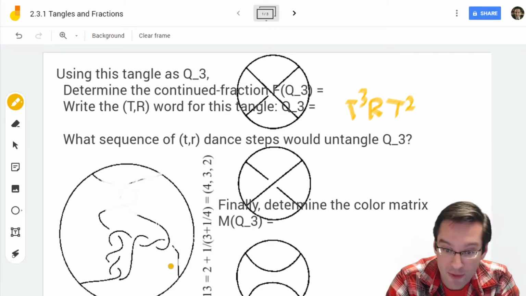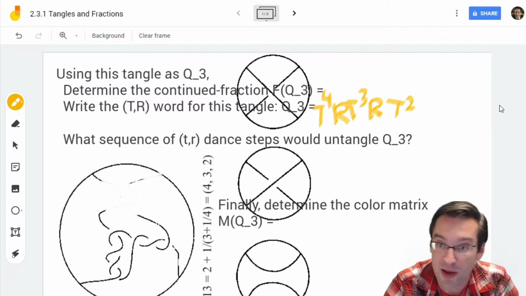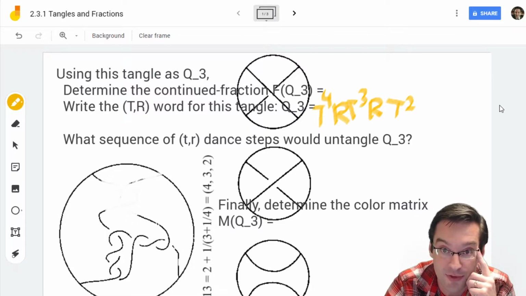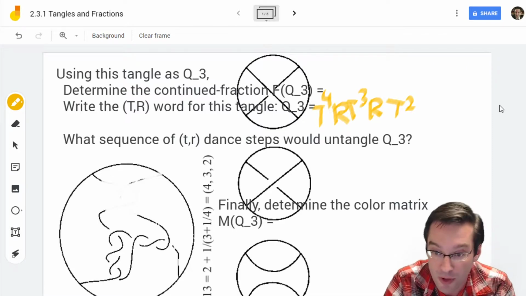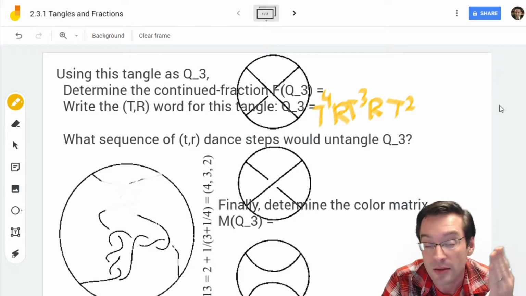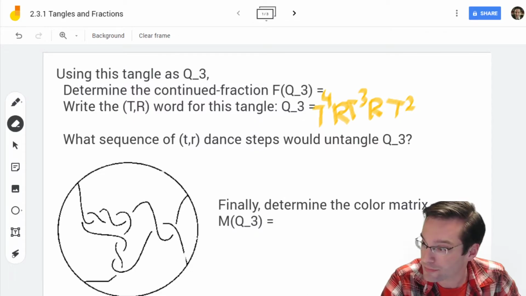And then if I forget about those twists and rotate one more time counterclockwise to undo the rotation that was used to create this, then I'll find out that I have these twists in the beginning, of which there are 4 in a row. So if you'll forgive my bad mouse-driven handwriting, we can find a TR word for this tangle to be t to the 4th r, t to the 3rd r, t squared. Right? So that's a TR word for the tangle that we began with here.